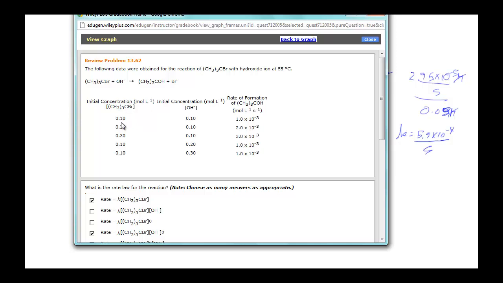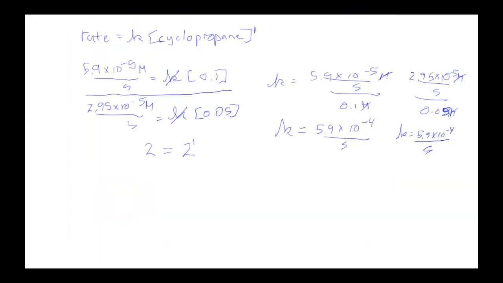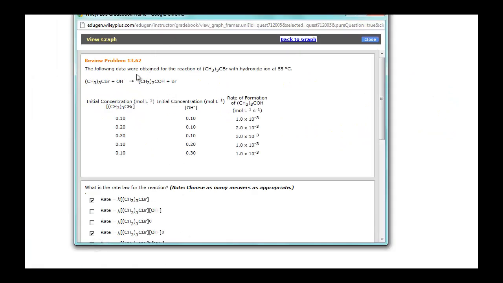Okay, so the first thing you would do is, let's say that I wanted to determine the order with respect to the OH minus concentration. Well, first of all, what we need to do is write down the rate law for this. The rate will equal the rate constant times the concentration of this times the concentration of that.